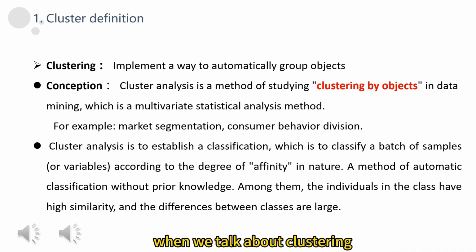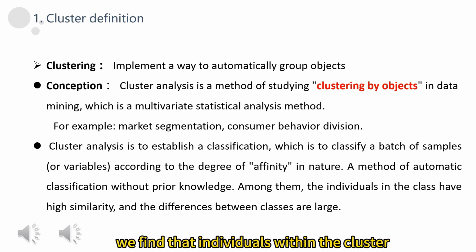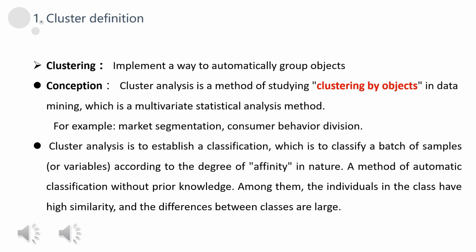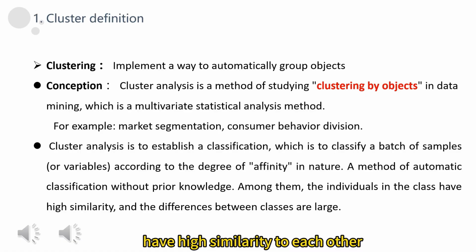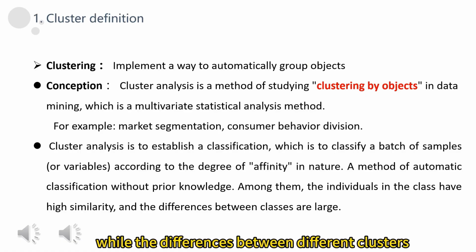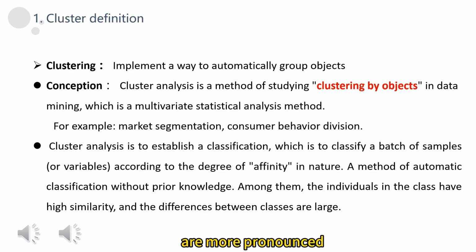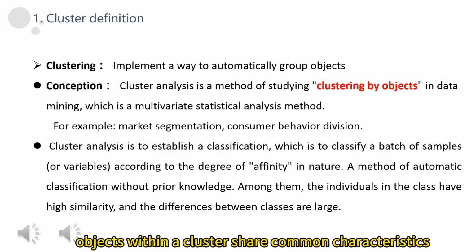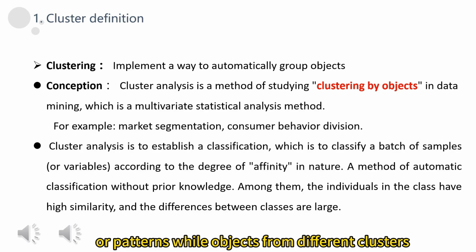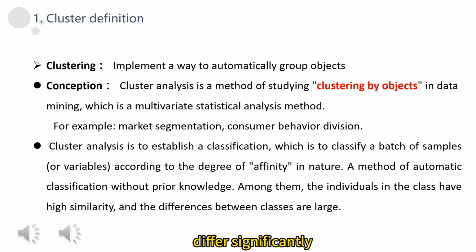When we talk about clustering, we find that individuals within the cluster have high similarity to each other, while the differences between different clusters are more pronounced. This means that objects within a cluster share common characteristics or patterns, while objects from different clusters differ significantly.